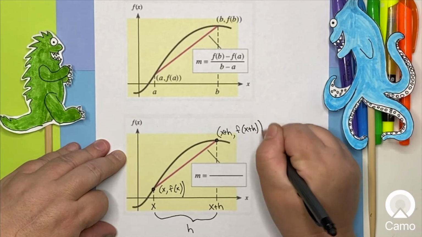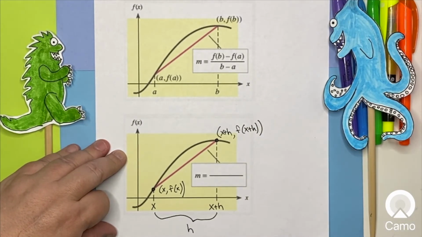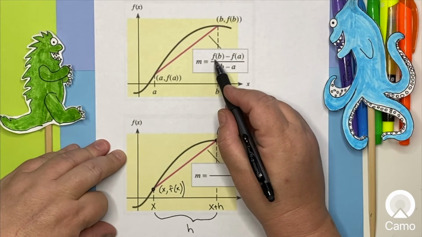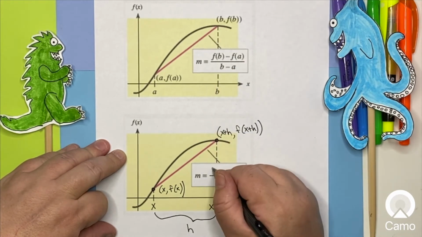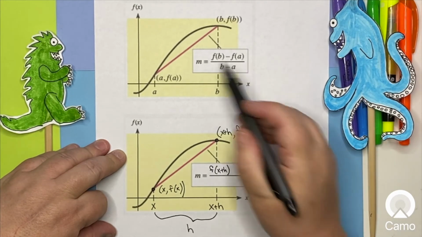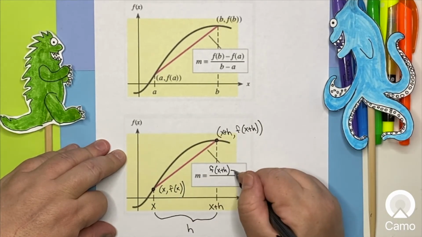Now, hopefully this is starting to remind you of something we did a couple chapters back that I called the difference quotient, because we're about to write it right here. So f of b is now f of x plus h. f of a is now f of x.